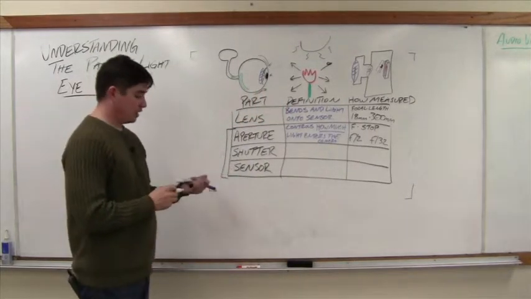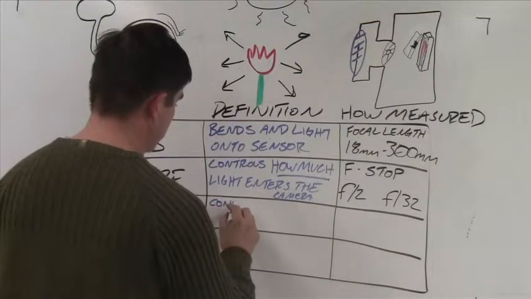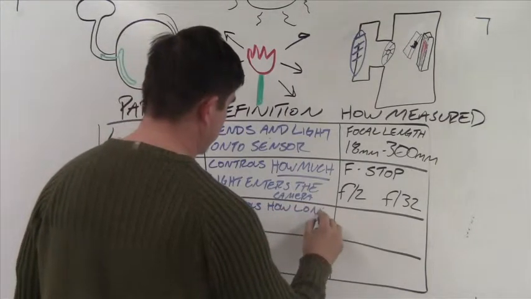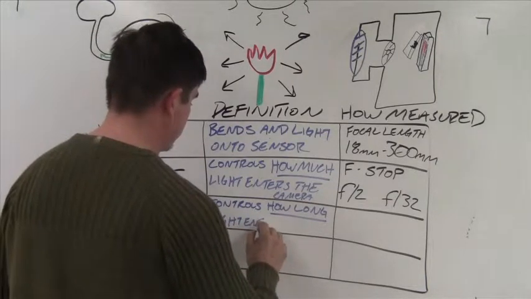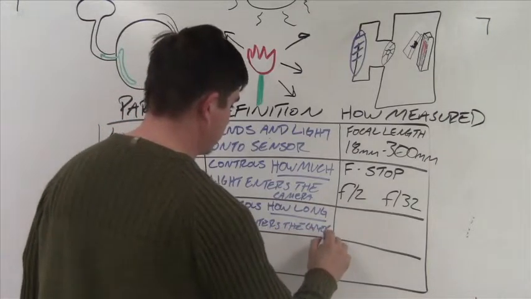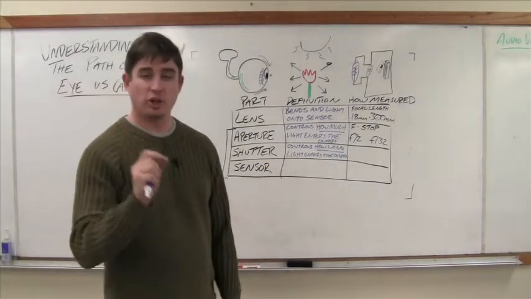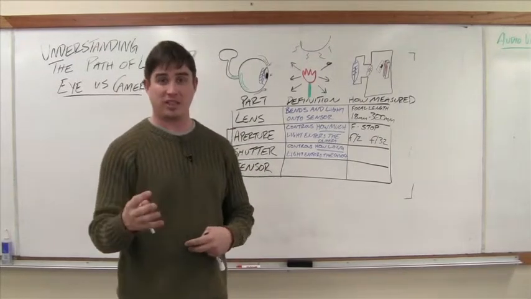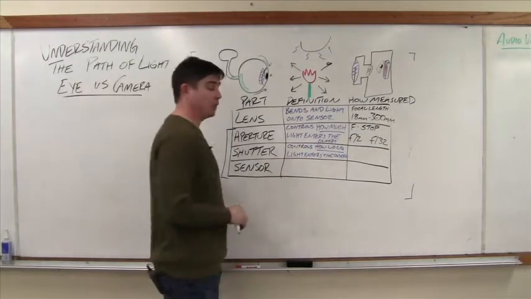Okay. A good definition for shutter will be how long light will enter the camera. And a good thing to remember about this is a time measurement, usually in the fractions of a second. Okay? So the shutter really controls how long light will enter the camera.